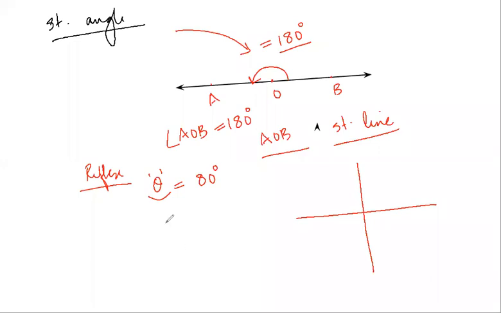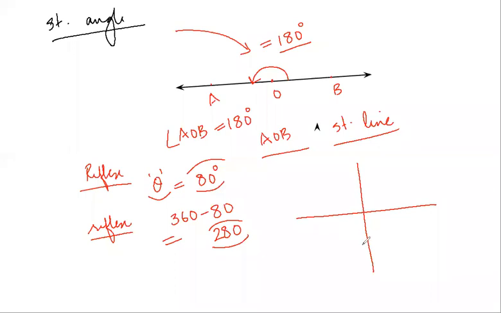Now, what will be the reflex of this theta? The reflex angle for theta would be 360 minus 80. So that will be 280. This is the reflex of 80 degrees.